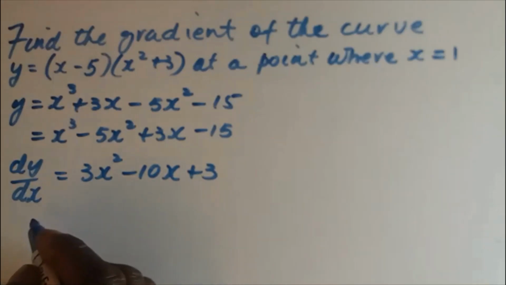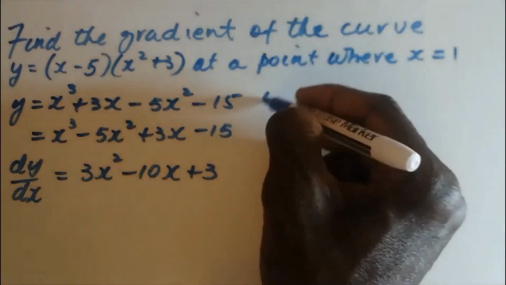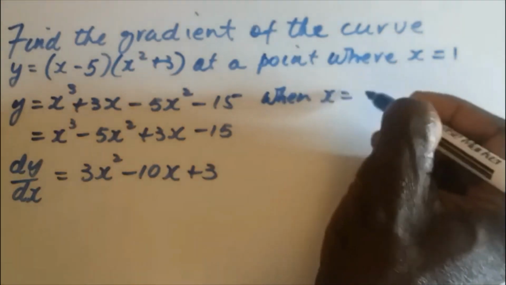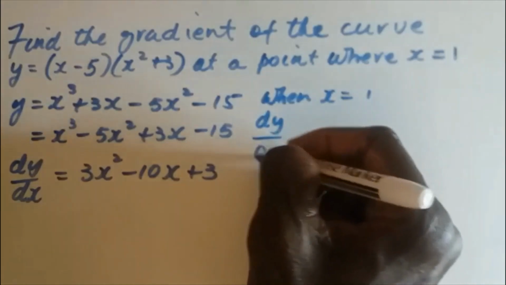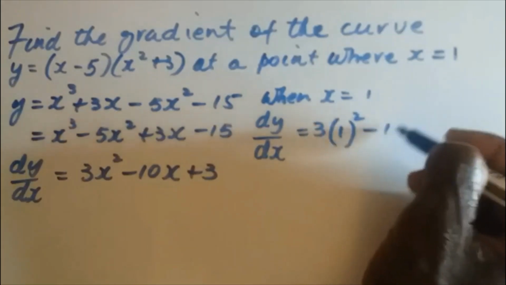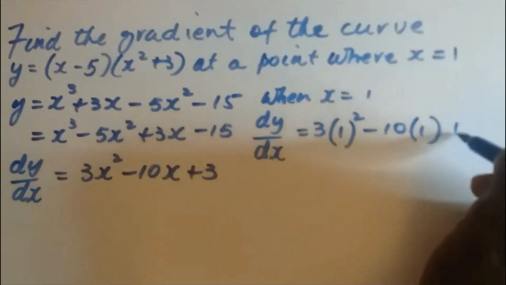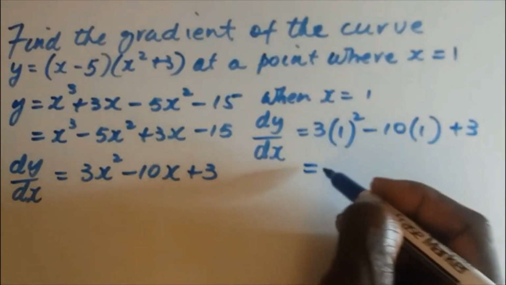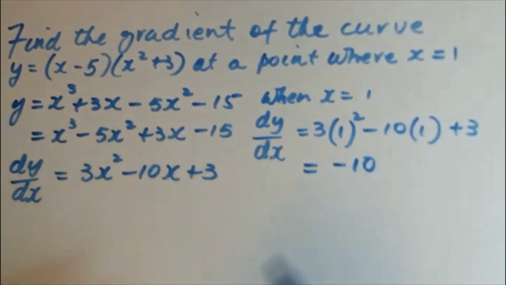So when x is equal to 1, dy dx is equal to 3 into 1 squared minus 10 times 1 add 3, which gives us negative 4. So we have a result that the gradient of this curve at the point x equal to 1 is negative 4.